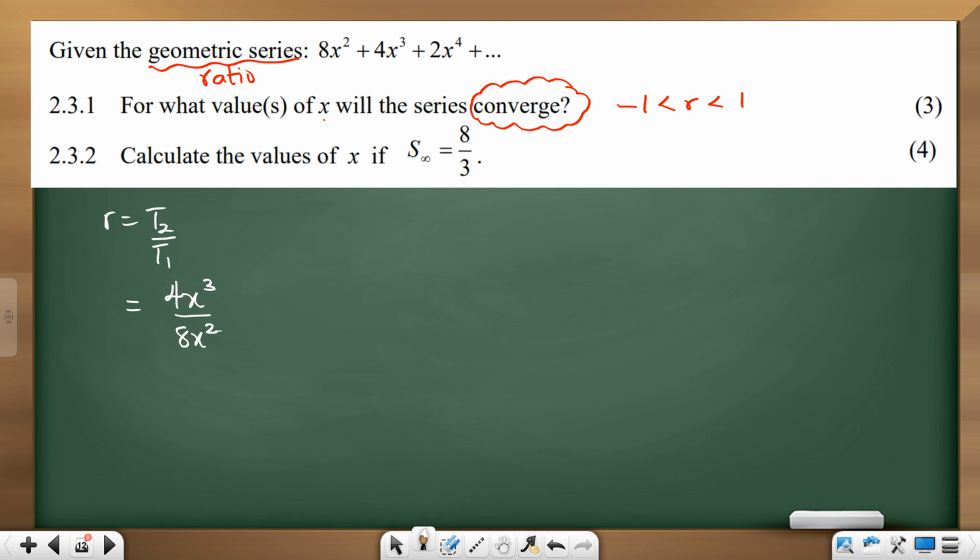What will this give us? x over 2. That's our r. Step by step. 4 over 8 is a half, and the exponents: 3 minus 2 is 1. So it's x over 2.